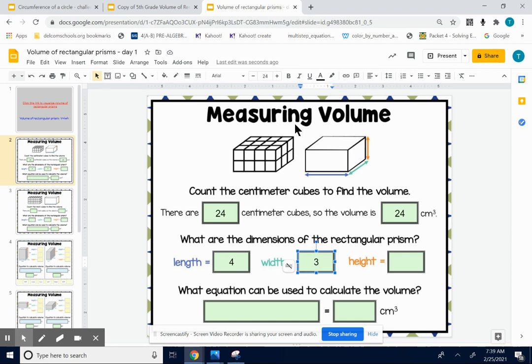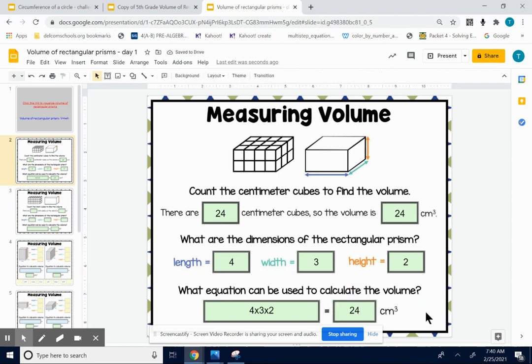It's 2 layers high, so that'd be 2. Length is 4, width is 3, height is 2. So to figure out the volume, they're calling it an equation, we could take the 4 times the 3 times the 2, the length times the width times the height, and that will give us the 24 cubic centimeters.